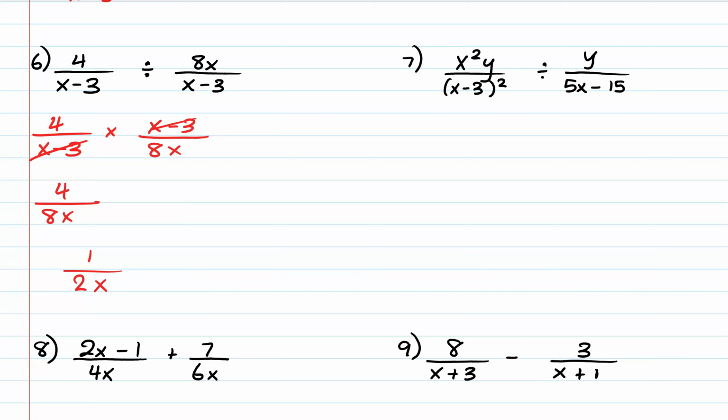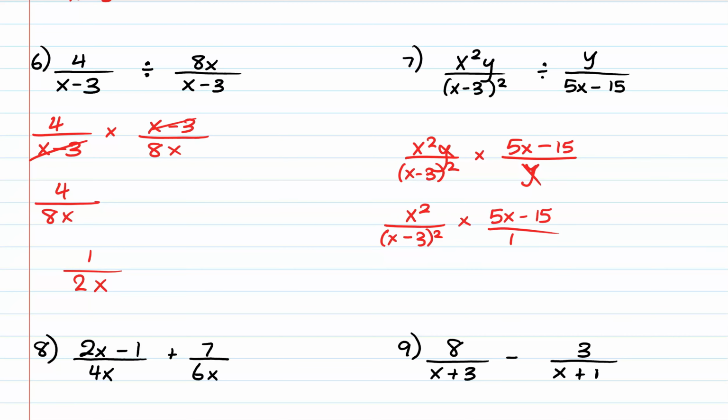Cool. Next question, same thing, because we're dividing, we flip the fraction, so I'm going to have x squared y over x minus 3 squared multiplied by 5x minus 15 over y. Now I can just cancel the two y's out, first thing, by looking at it. So I'm left with x squared over x minus 3 squared multiplied by 5x minus 15 over 1.